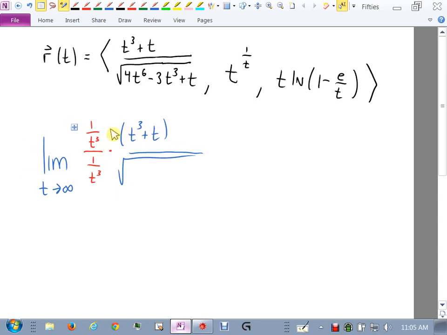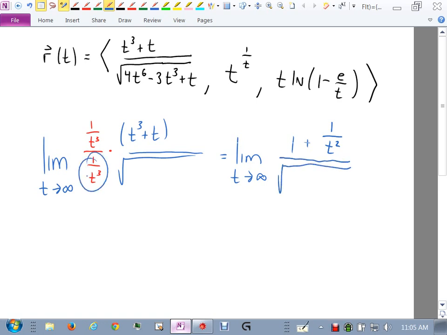On the top, when I distribute, I get a 1, and then what? Plus... What is it on top? Okay, 1 plus 1 over t squared, because it's really t over t cubed, so it's 1 over t squared. On the bottom, when this thing goes in and becomes 1 over t to the 6th, it turns this first piece into a 4, right?